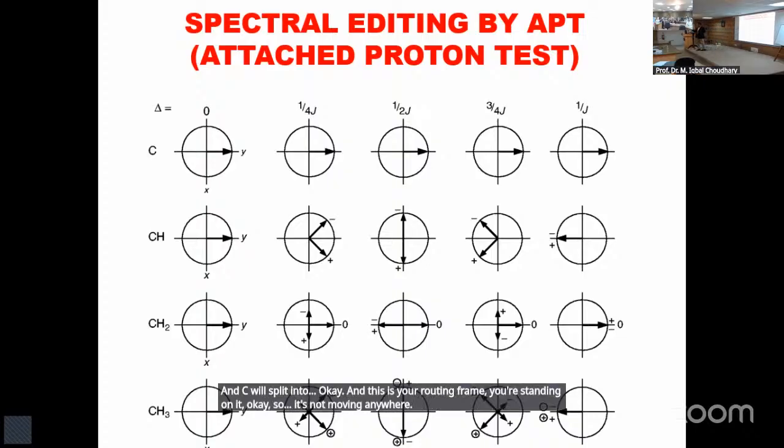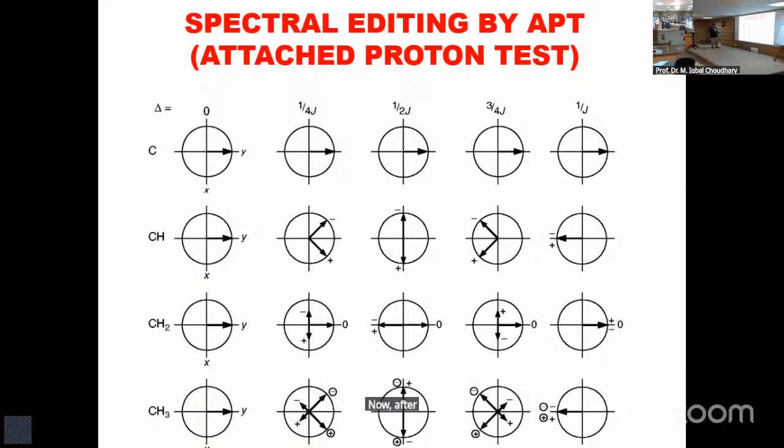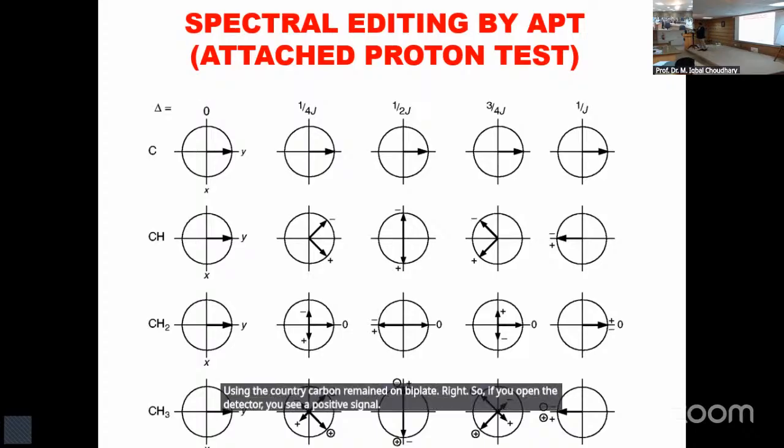You just assume that. Now, after the time delay, which is generally measured in J coupling, you see the quaternary carbon remain on the Y plane. So if you open the detector, you see a positive signal. Do you remember my face? I told you, right?